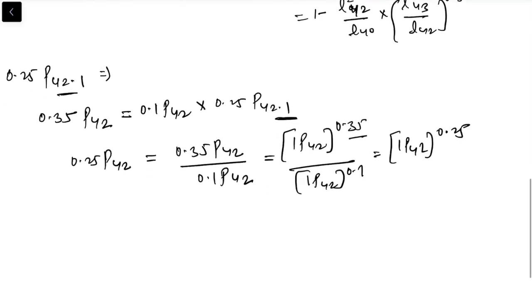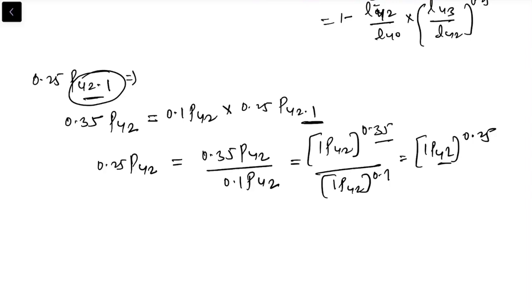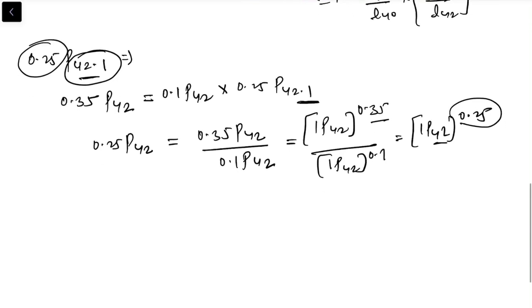So here you can observe that instead of x, I have written the integer part of x, and t is raised to the power, 1p42.